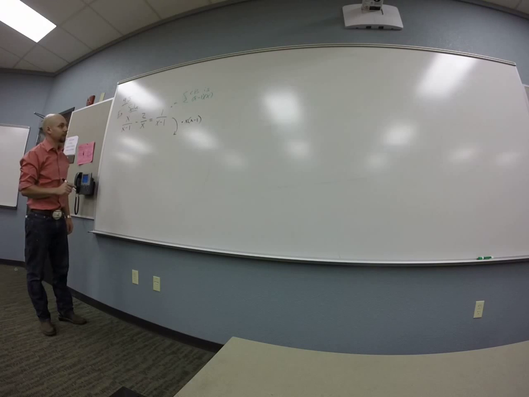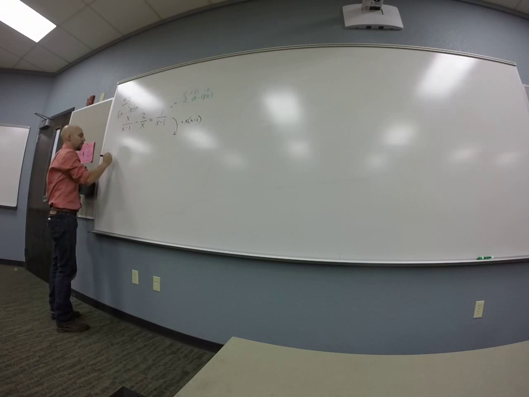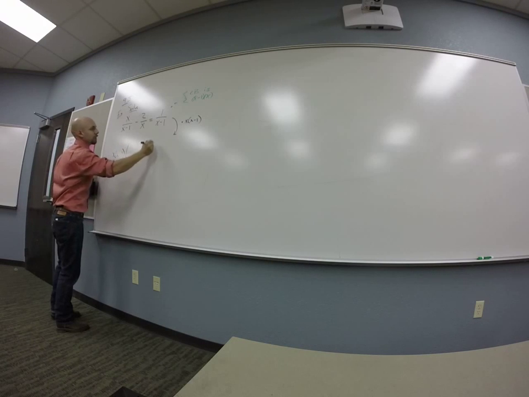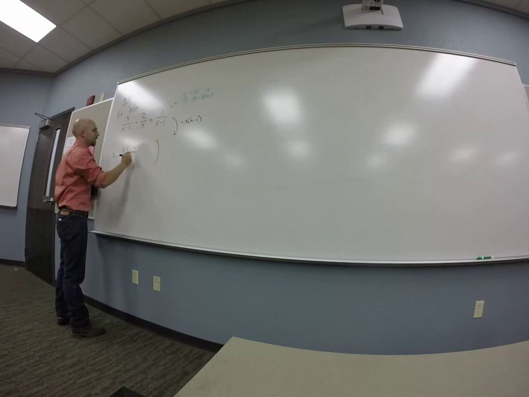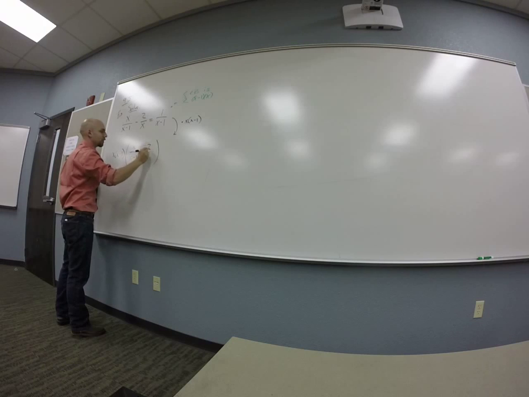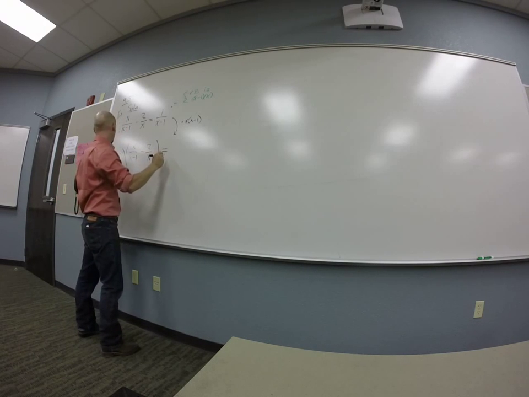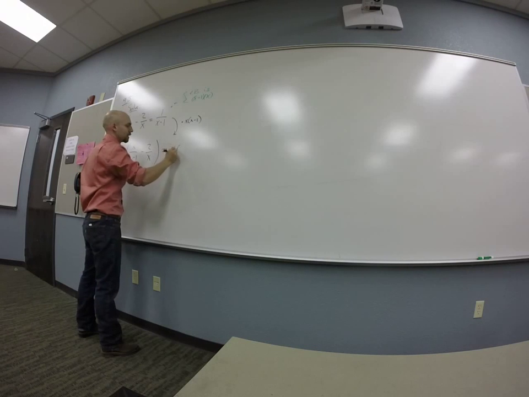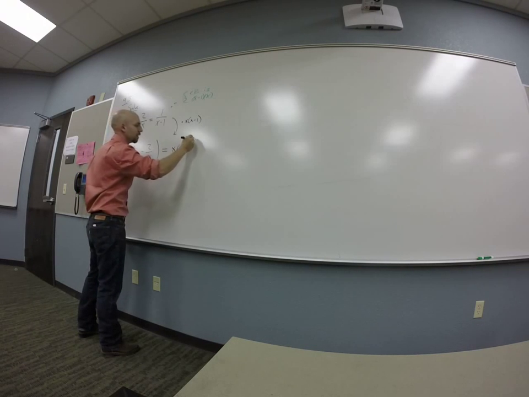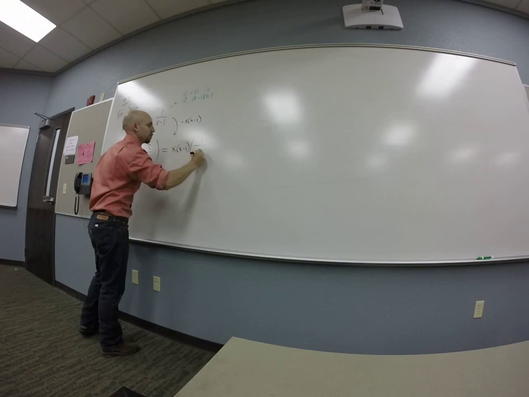So I've got x times x minus 1 times x over x minus 1 minus 2 over x. And this is going to be equal to x times x minus 1 times 1 over x minus 1.